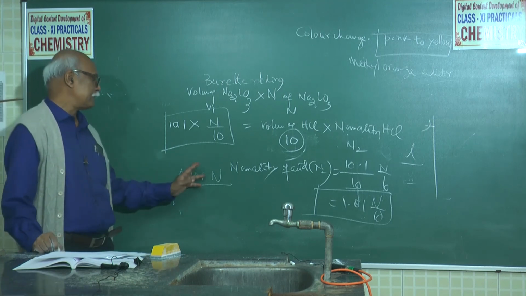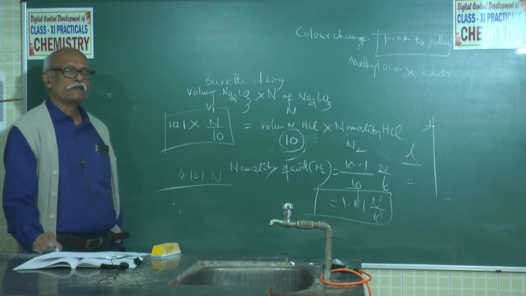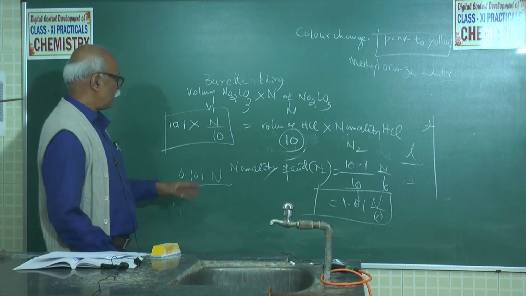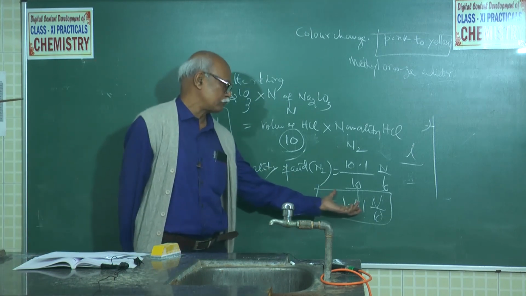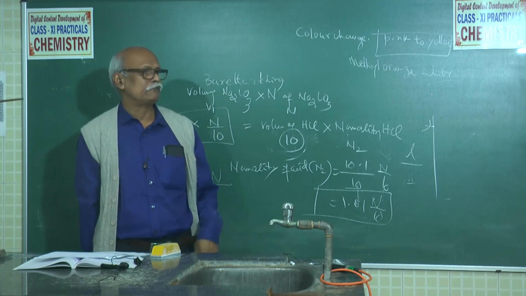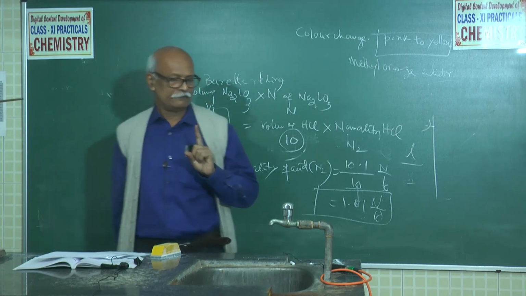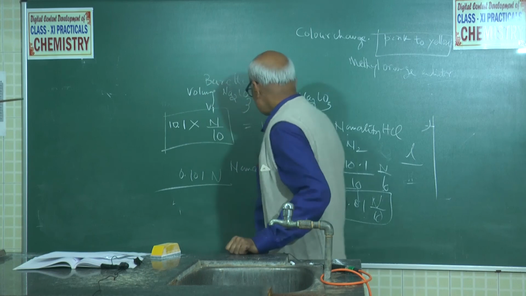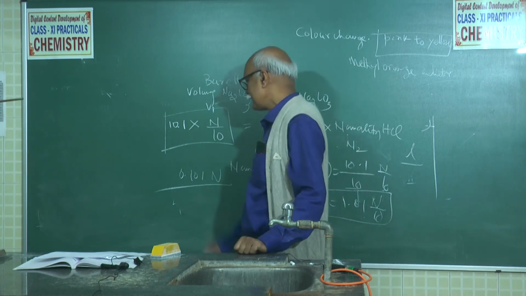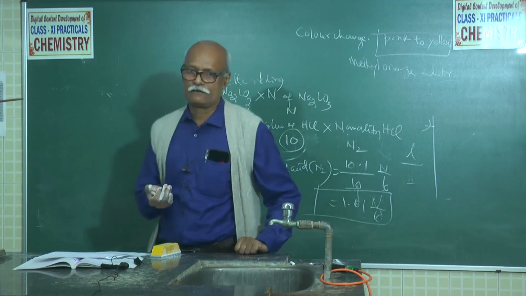If you multiply with this, that will give you grams per liter. This is called the normal strength. Simply multiply the equivalent mass, or molar mass, by the normality of the solution, and that gives you grams per liter.